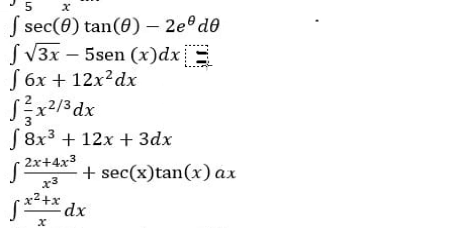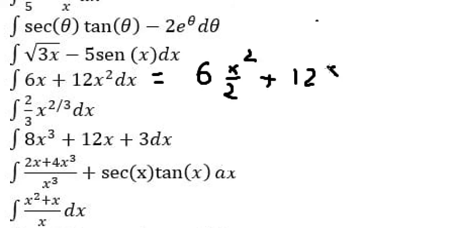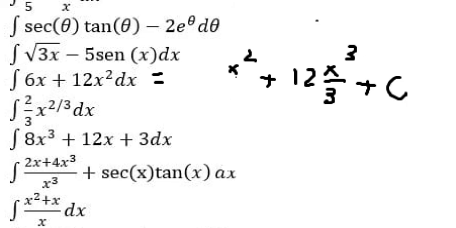The next one, we apply the same formula. Six divided by 2, you get 3. 12 divided by 3, you get 4.